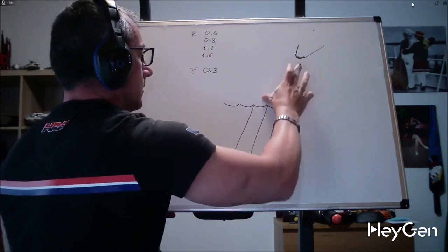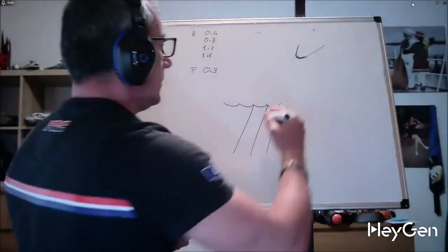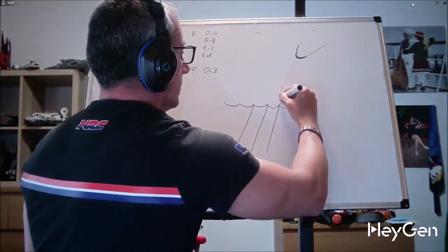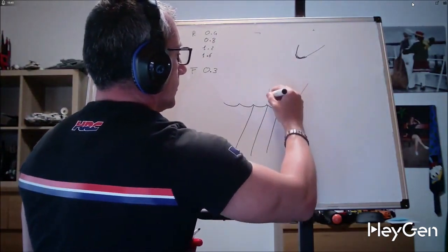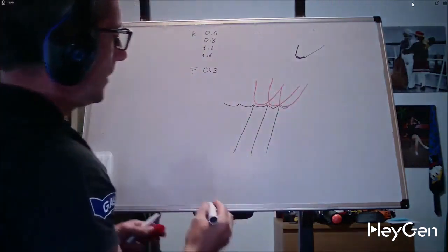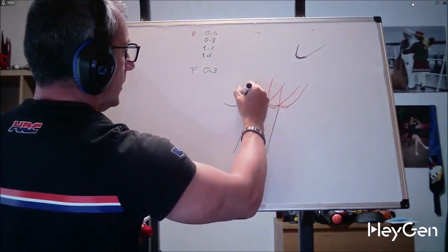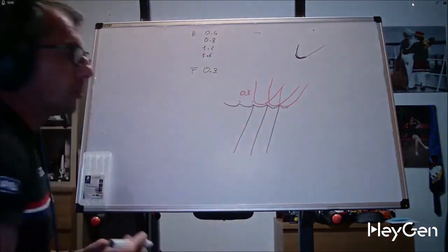This piece viewed under a microscope. And here's the tip. Let us place a red dot on the first rotation here, next there. The distance between this tip and this tip is 0.3.